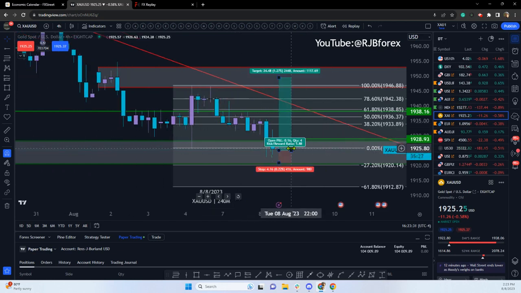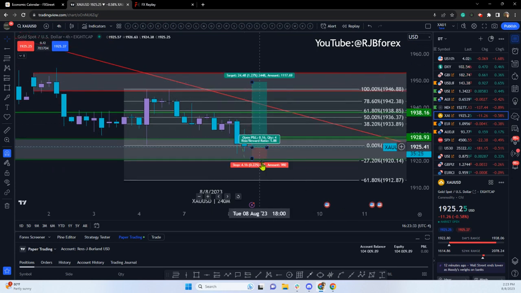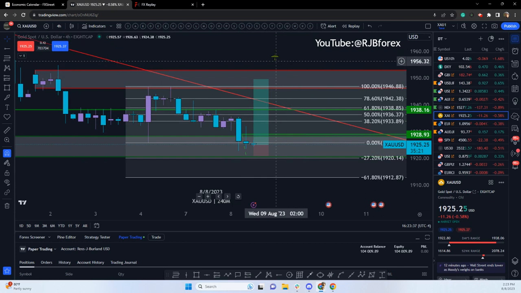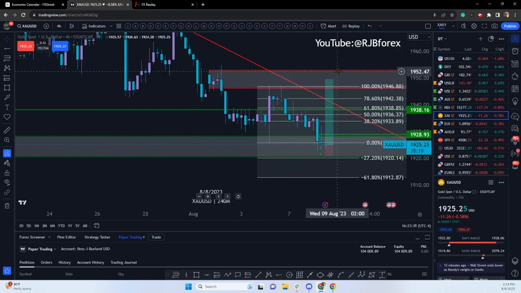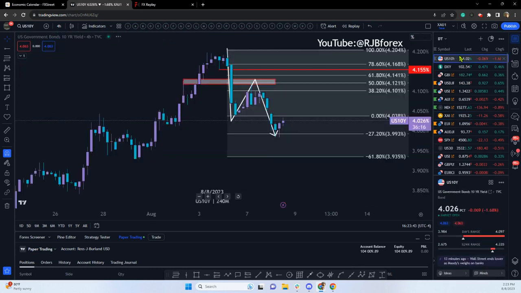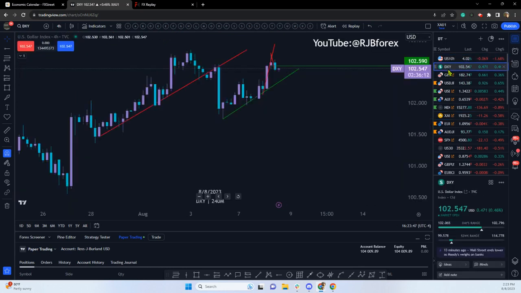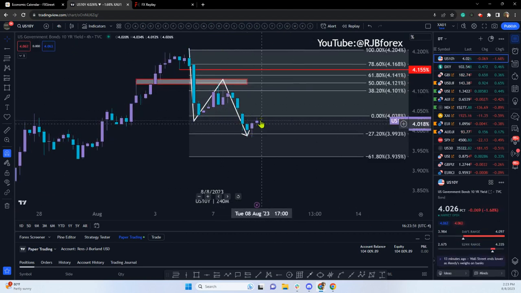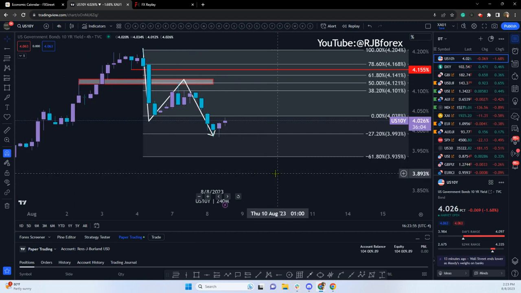I'm on the fence with this. The jury is out whether this is a continuation or if we're going to get this clear out before the next move down. That would be my best bet. And for that to happen, we need the dollar to continue sinking. So if we get this correction in the yield and then another sell-off, then that should be enough to fuel that bullish thesis.